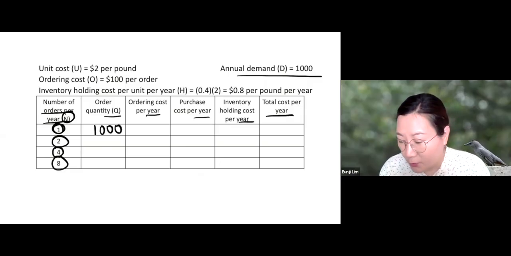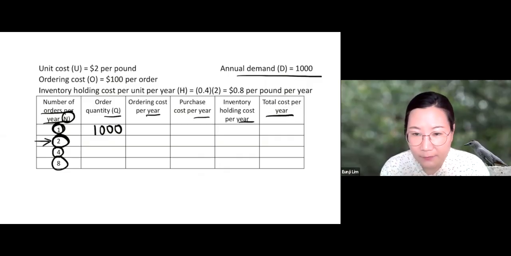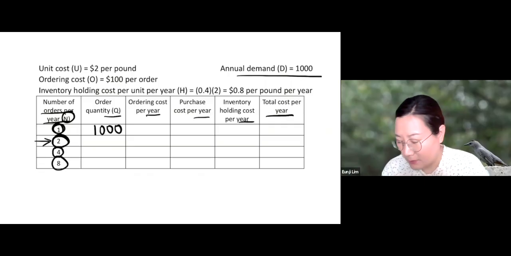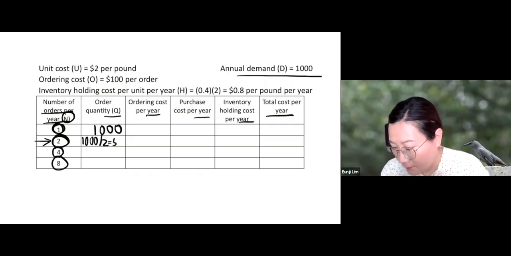Next, if you place 2 orders a year, how many pounds should you order each time? Again, throughout the year, we're going to need 1,000 pounds, and we need to split this into 2 orders. So each order should have half of 1,000 pounds, which is 500 pounds.